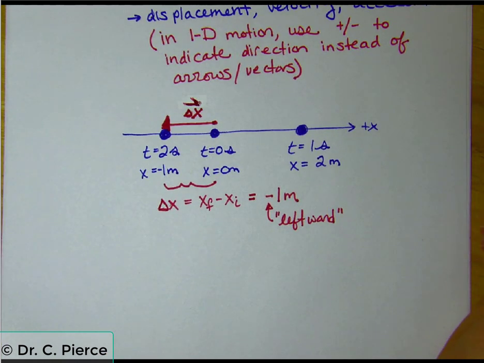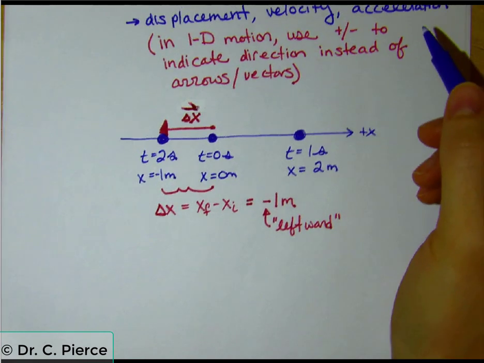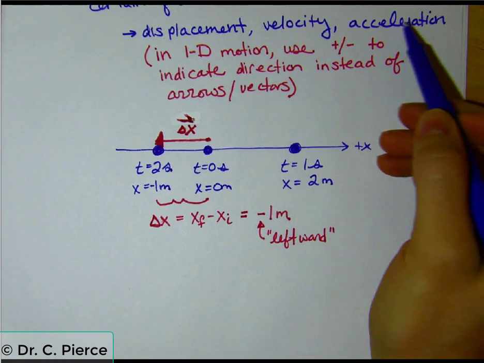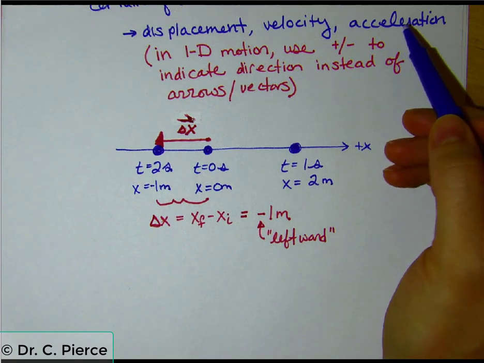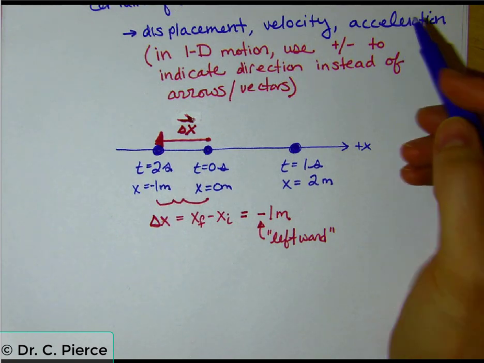One important property of vectors is that they have a magnitude, which is a length or a size, and they have a direction. So quantities like displacement and velocity and acceleration are all supposed to have an amount, a magnitude, and a direction.